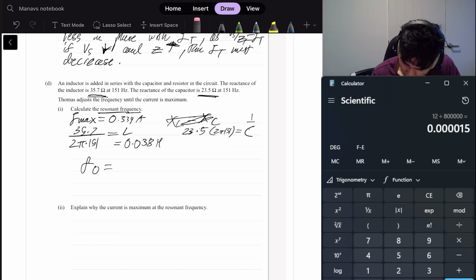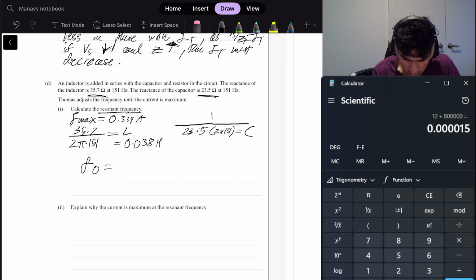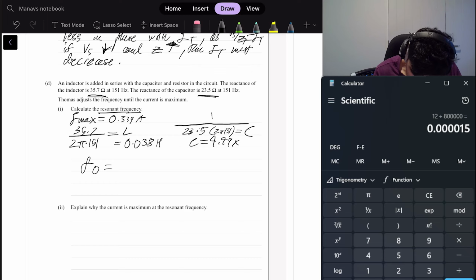Okay, so it's just 1 over all of that. That's how it works. 23.5 times 2 pi times 151. Let's look at a tiny number. Yes, the capacitance only equals 4.49 times 10 to the negative 5 farads.